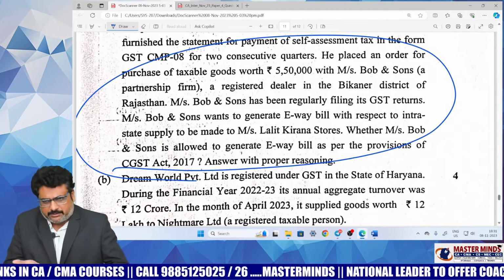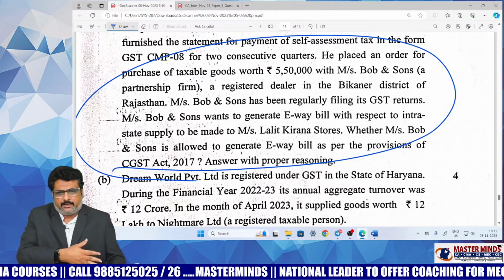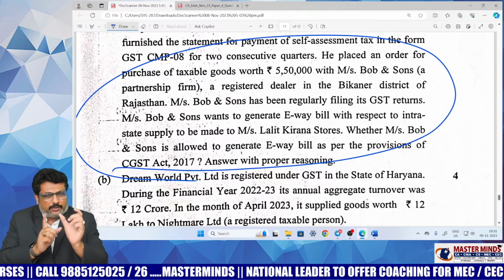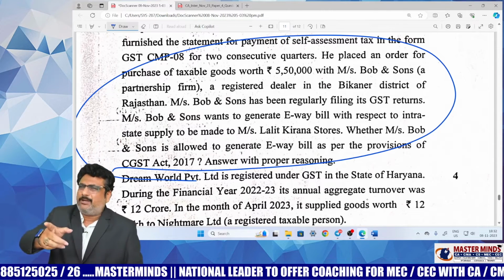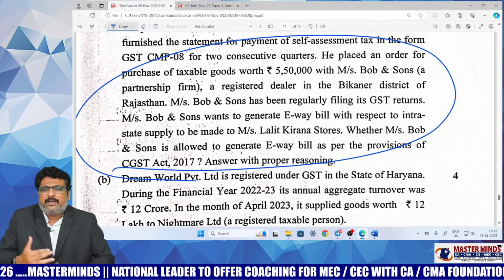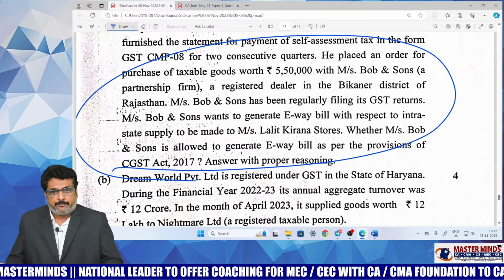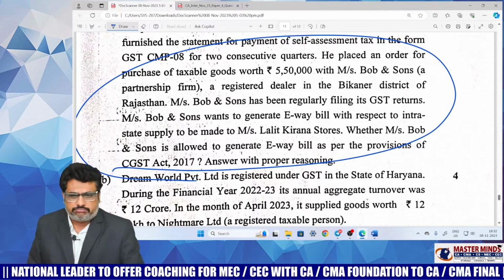As a supplier, your e-way bill generation capacity will be blocked. As a recipient, it will not be blocked. I think it was an amendment that happened in May 2023, as far as I remember. I may be wrong with respect to this, but it was the latest amendment, and based on that line, the question was framed. Wow, a super question.